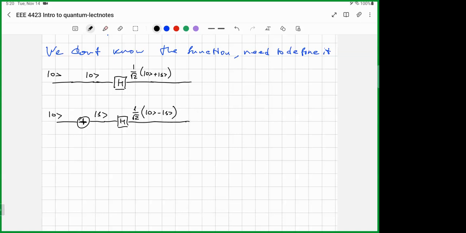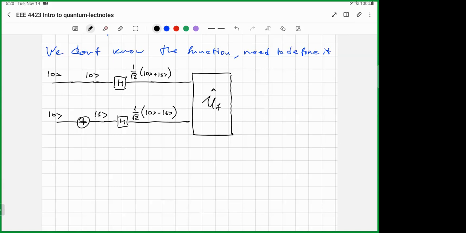After that, we apply a function, the unitary operator, with the properties we are going to describe in a minute. Okay, so we apply some function UF.